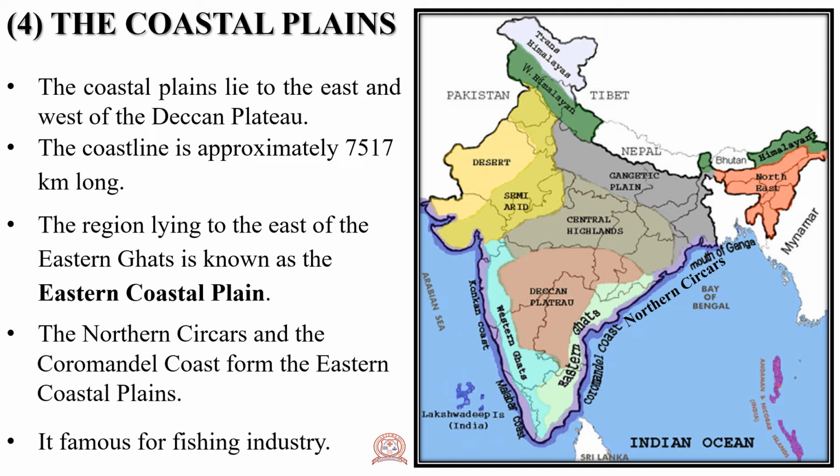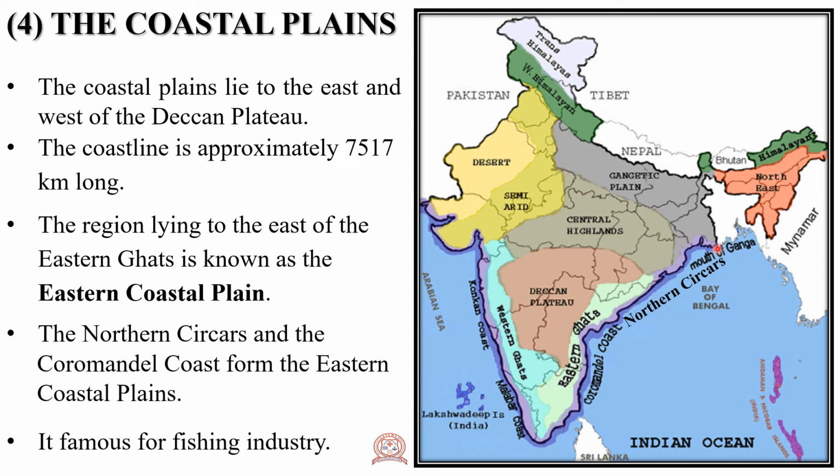Fourth one, the coastal plains. The coastal plains lie to the east and west of the Deccan Plateau. The coast is approximately 7,517 km long from Gujarat to West Bengal.